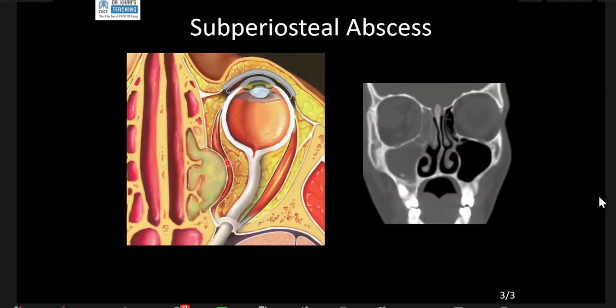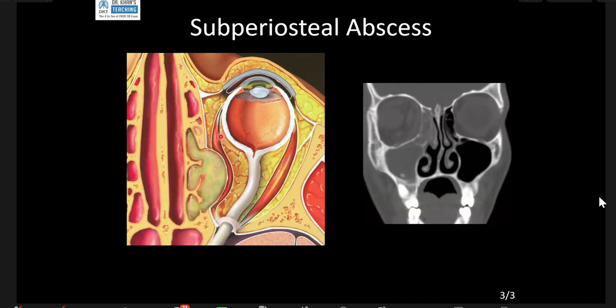This picture tells you what happens when you see opacification of the ethmoid sinus. This is the lamina papyracea, which is a very thin bone, and a subperiosteal abscess will sit here within, as the name tells you, the subperiosteum.